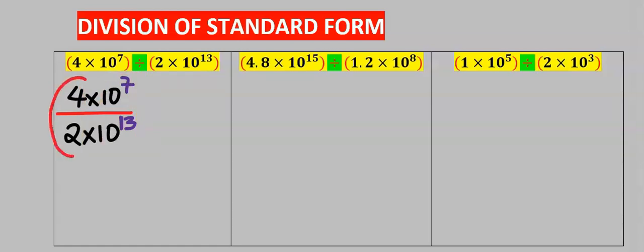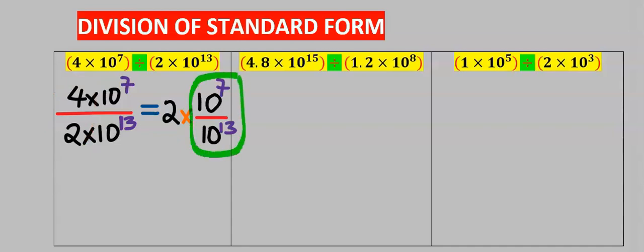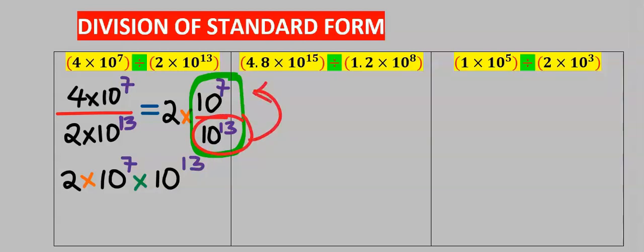Next, 4 divided by 2, and your answer is 2. Next, I will apply the law of indices to this part of the problem. According to the law of indices, if 10 to the power of 13 goes up, this 13 will acquire a negative.